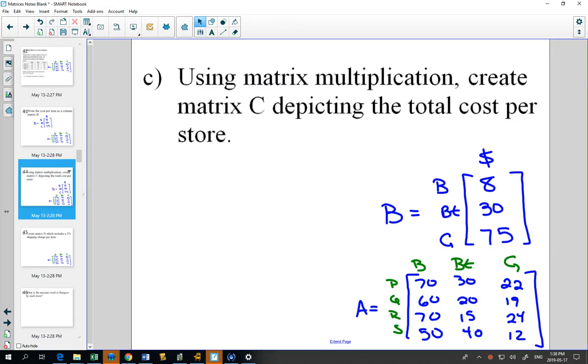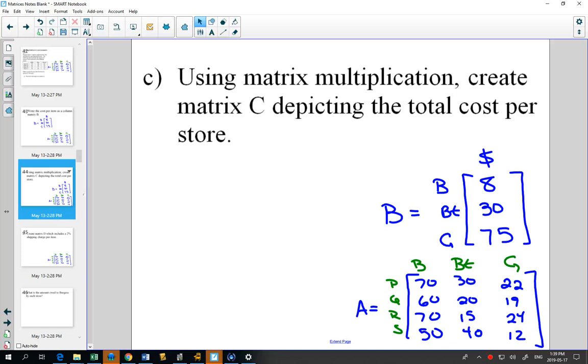Now, using matrix multiplication, create a matrix C depicting the total cost per store. If you had this data, you could figure everything out. Even mental math or a calculator is not bad. Store P ordered 70 balls, 30 bats, and 22 gloves, right?